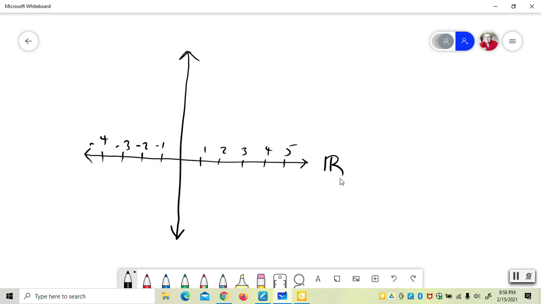In complex numbers, we let the x-axis be the real axis, the numbers we're used to dealing with. 1, 2, 3, 4, 5, 1 half, 1/3, 1/4, negative 1 half, negative 1/3, negative 1/4, what have you. These guys are imaginaries, so you have i, 2i, 3i, 4i, 5i, and likewise going downward, you have negative i, negative 2i, negative 3i, negative 4i, negative 5i.